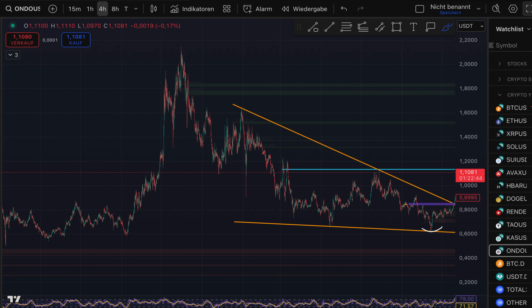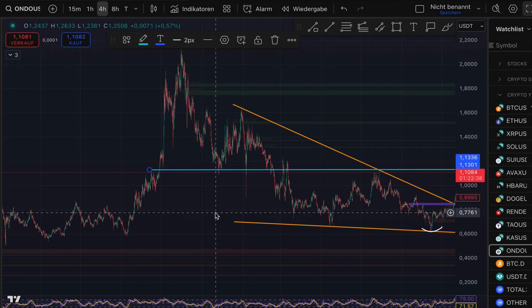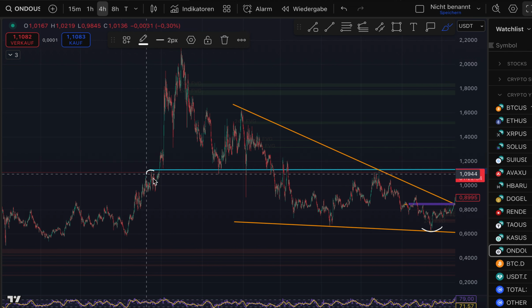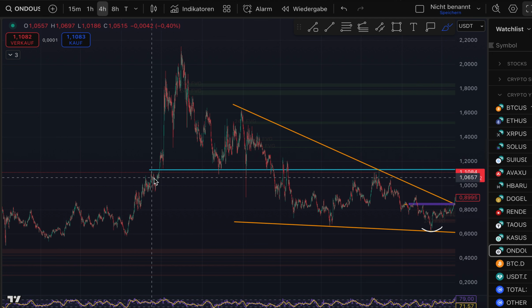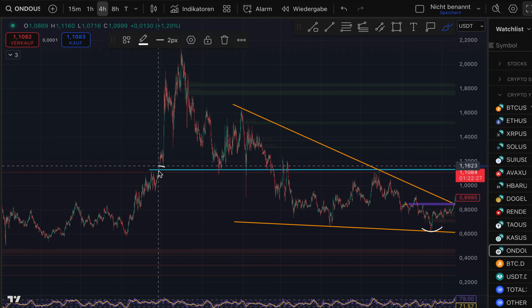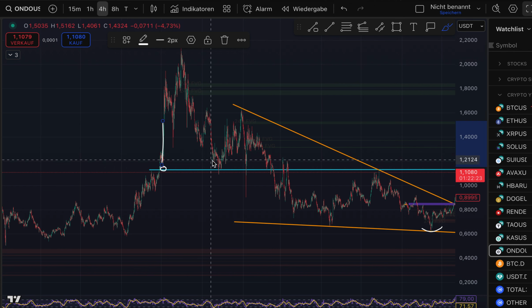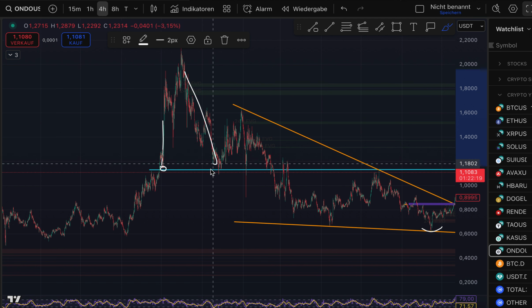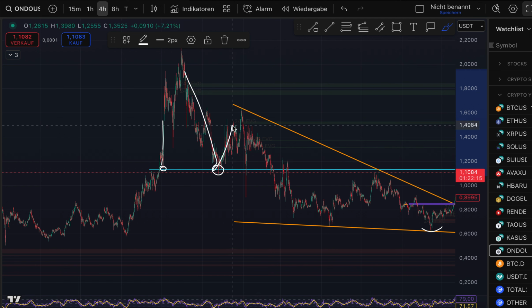If I make it longer, right here, perfect. $1.13, we bounced. Then we finally broke it to the upside, got back to $1.13. Bounced here. We came here from the upside again to $1.13. Bounce.